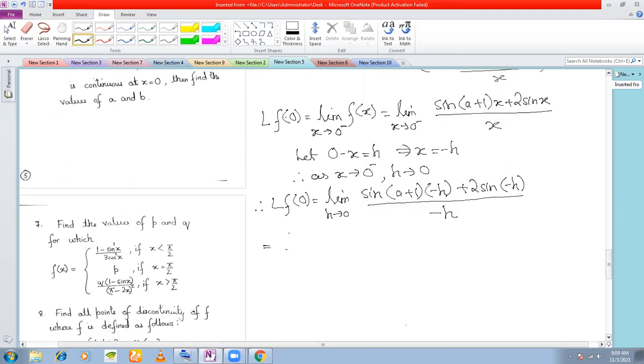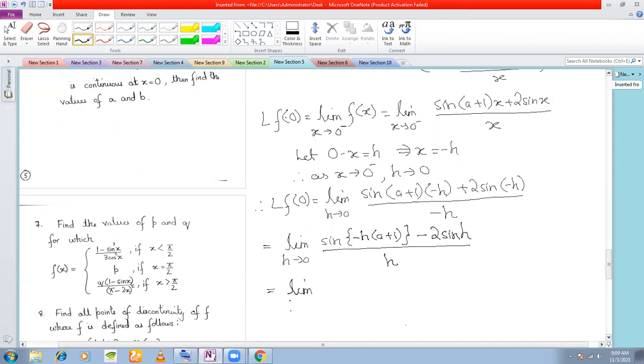So this is equal to limit h tends to 0, sine of minus h times (a plus 1), and sine of minus theta is minus sine theta, so you can write this as minus 2 sine h divided by h.